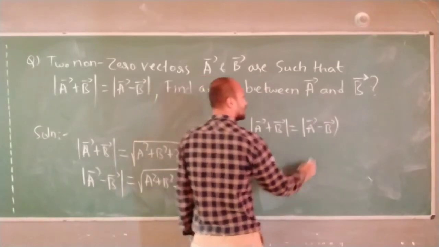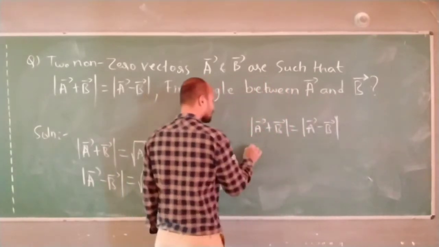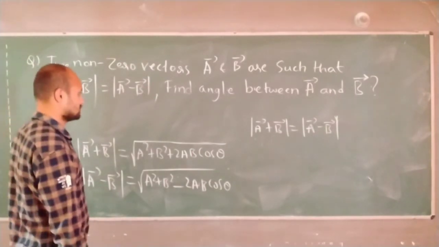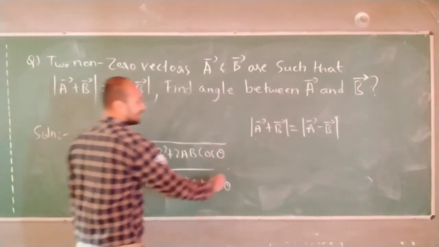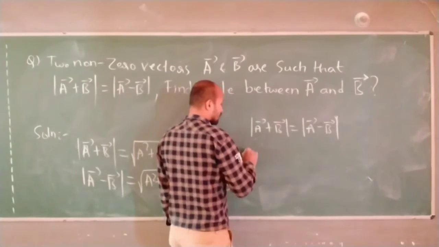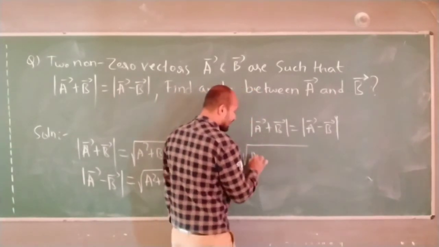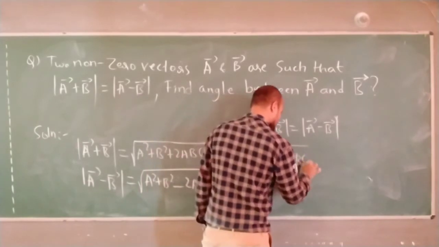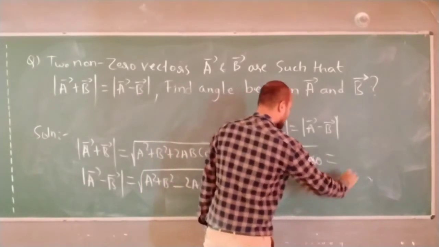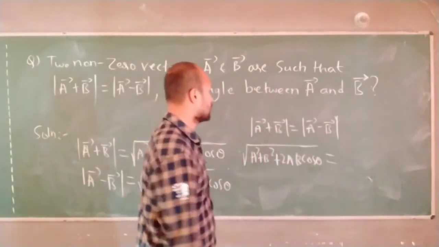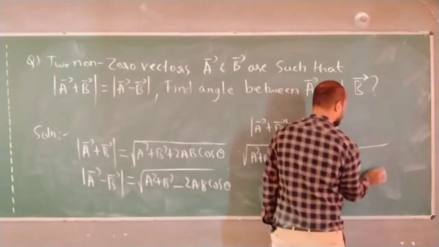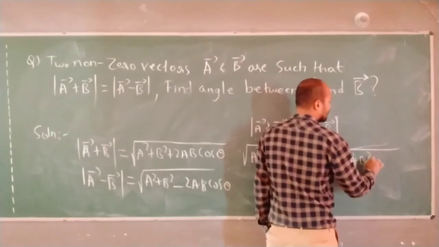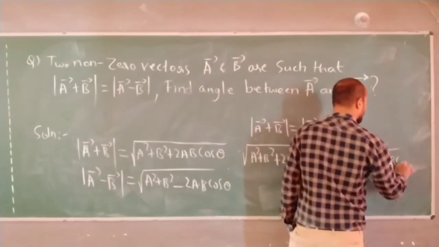When these two are equal, root of A square plus B square plus 2AB cos theta will be equal to root of A square plus B square minus 2AB cos theta.